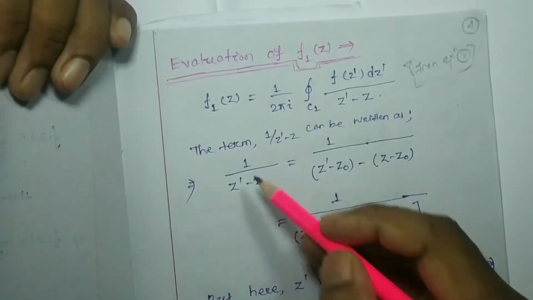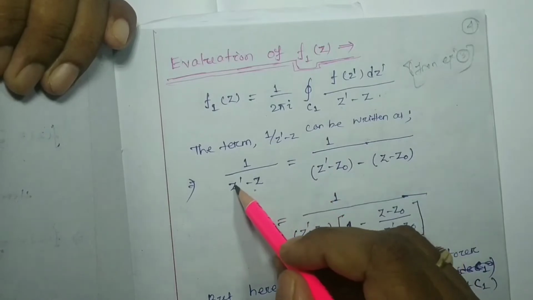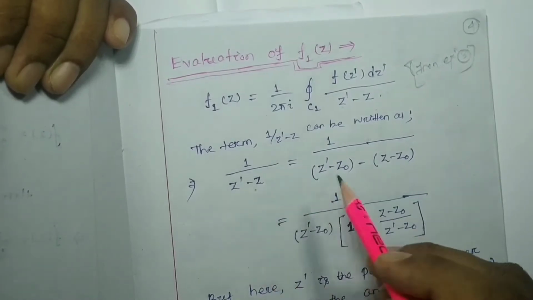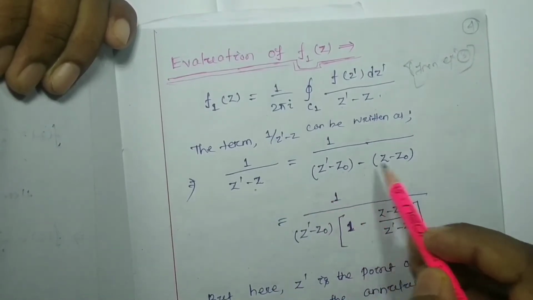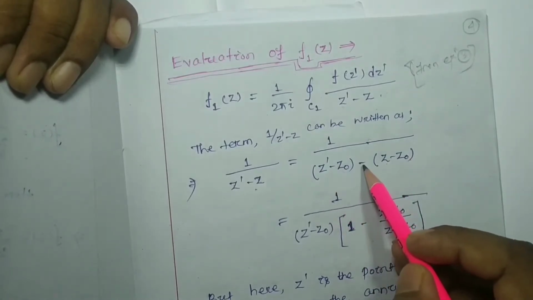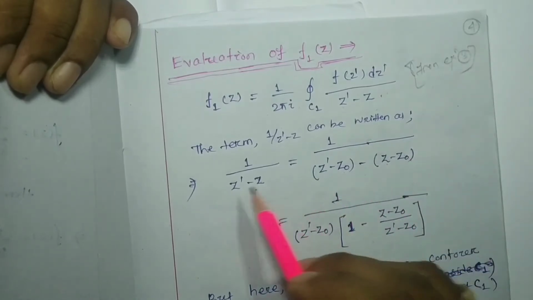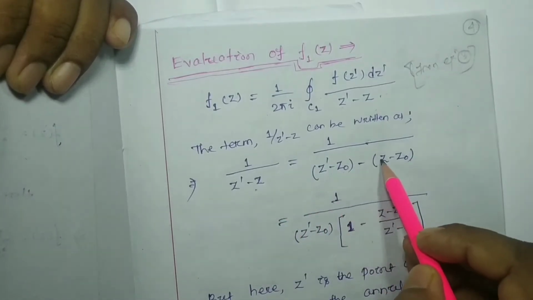So z dash minus z can be written as (z dash minus z0) minus (z minus z0). You can see that this is minus z0 and this is minus of minus, plus z0, so they got cancelled. So z dash minus z is remaining.